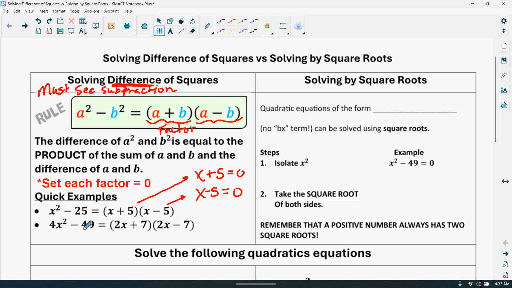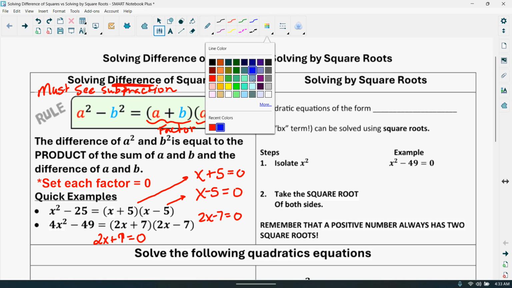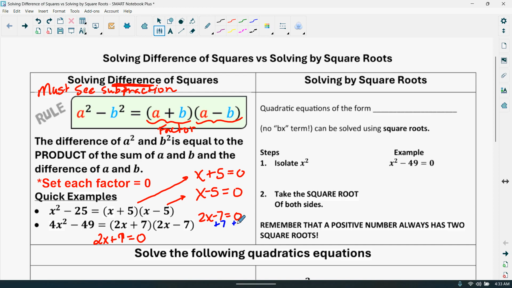4x squared minus 49: I'm just going to write it underneath, 2x plus 7 equal to 0. And then I can set this one over here, 2x minus 7 equal to 0. If I was to solve this, I would add the 7 to both sides.